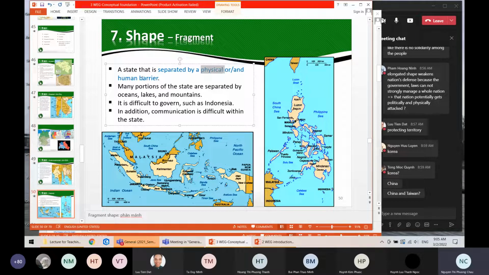With a barrier we can see disadvantages. The Philippines is a typical fragmented nation, and the physical barrier here is the ocean. The ocean separates the Philippines into more than 1,000 islands. So what disadvantages does this barrier bring? Can you find disadvantages with this barrier? We will discuss the human barrier later.